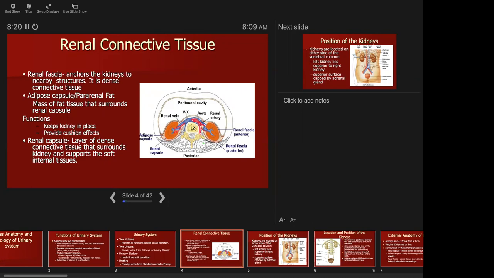We have a right renal artery and a left renal artery going to the right kidney and left kidney respectively. We also have veins that drain from the kidneys to the inferior vena cava. So in relation to the aorta and inferior vena cava, where is the right kidney and left kidney?